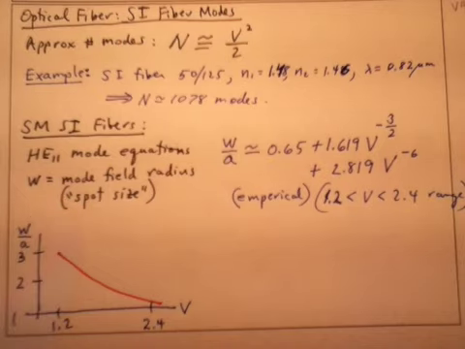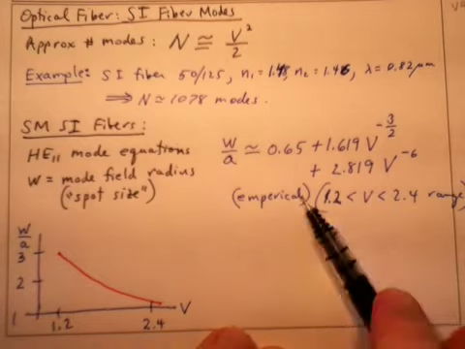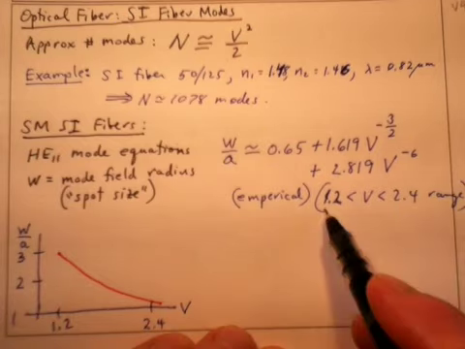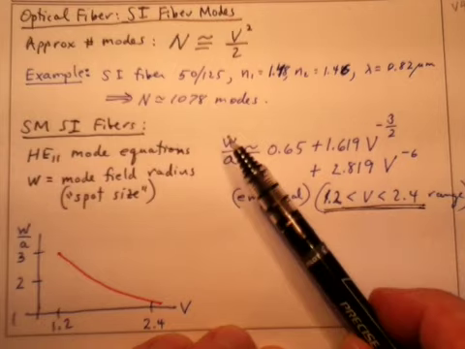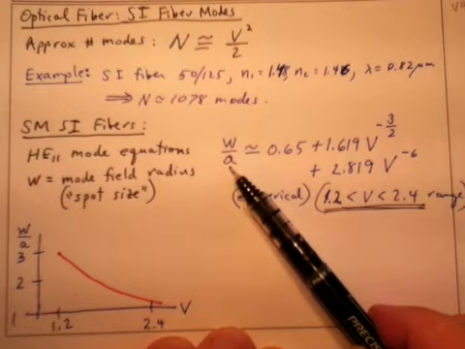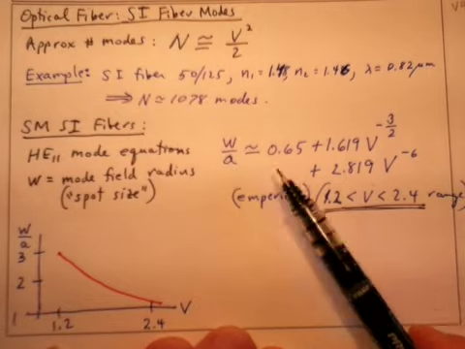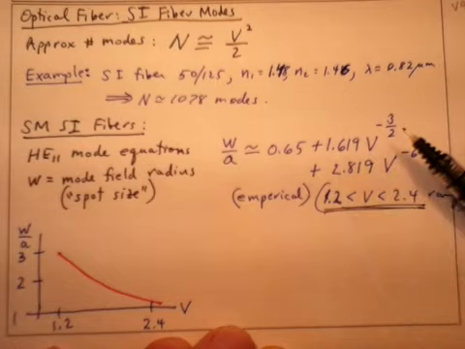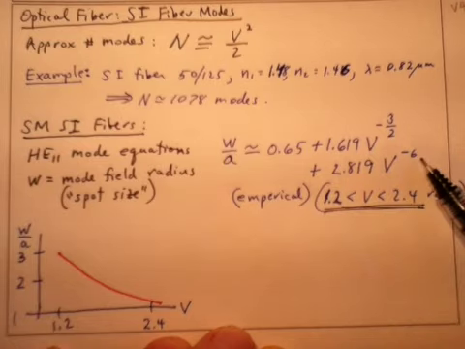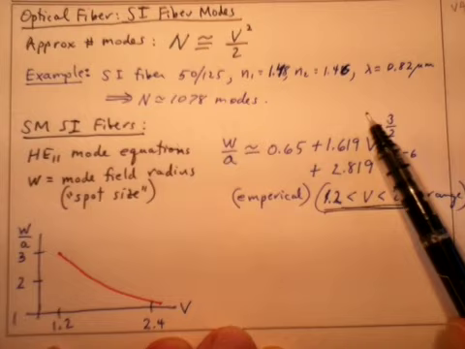And this equation is an empirical equation valid for a limited range of normalized frequencies, V, and it says that the spot size divided by the core radius is 0.65 plus 1.619 V to the minus 3 halves plus 2.819 V to the minus 6. This is an empirical relationship.